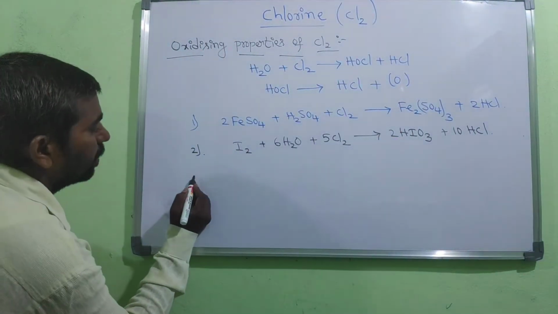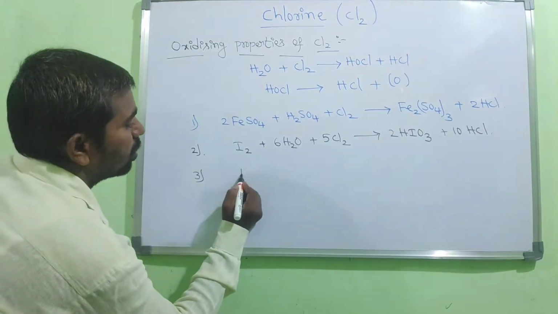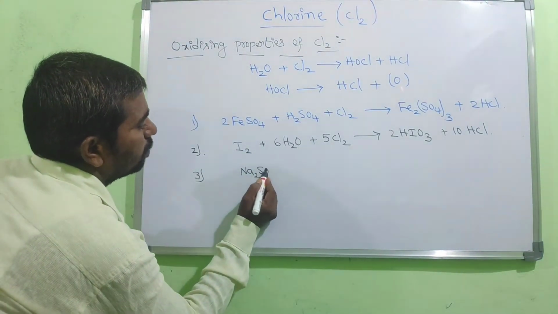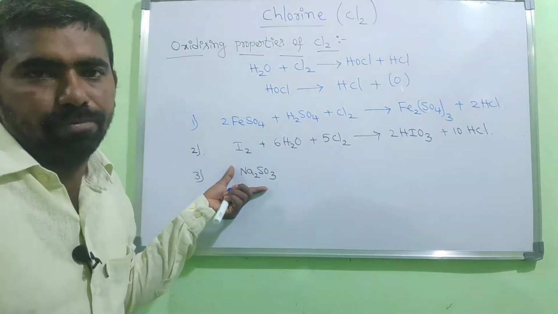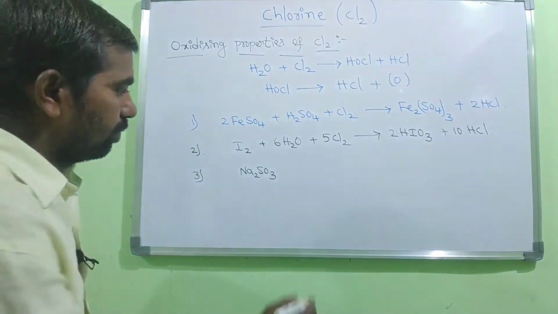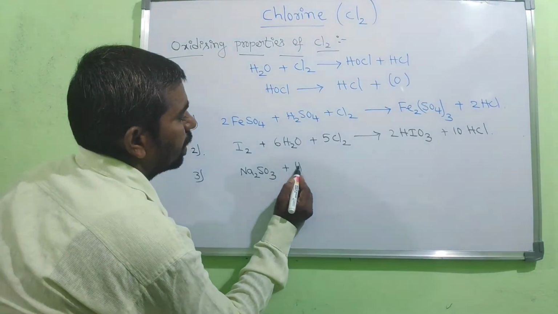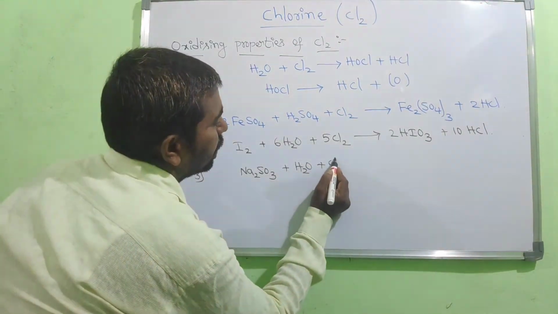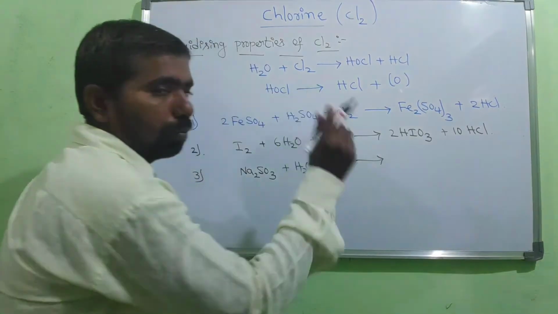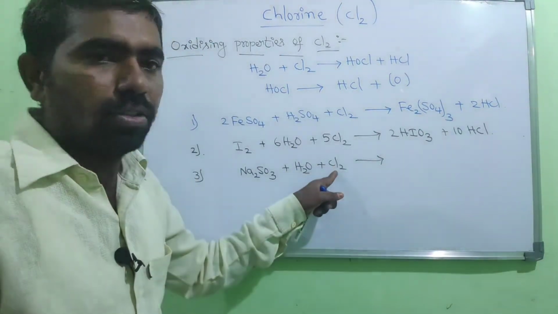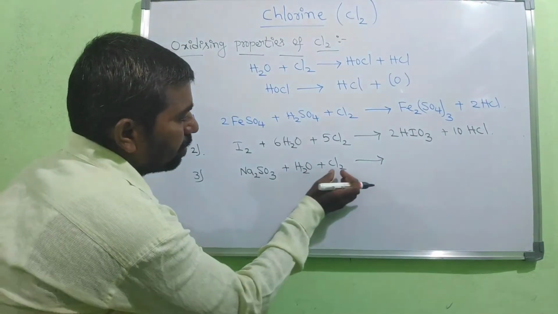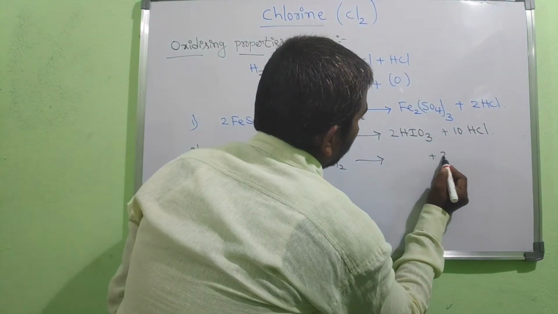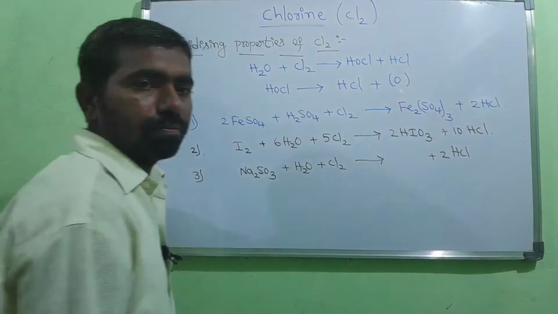And for the next one, I am writing another chemical equation. I am taking sodium sulfite. To this I am adding again H2O plus Cl2. In the presence of water, it acts as an oxidizing agent. So straight away I am writing the product: 2 hydrogens with the 2 chlorines, so we can write 2 HCl.